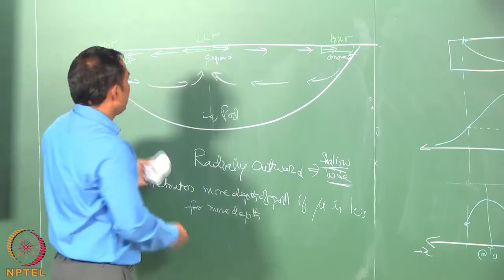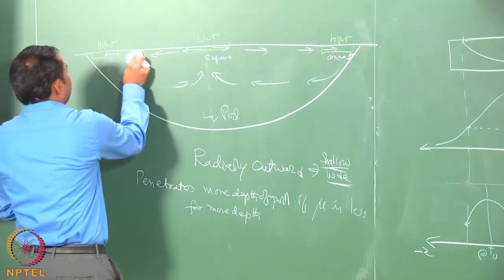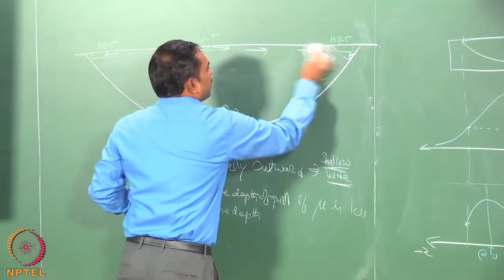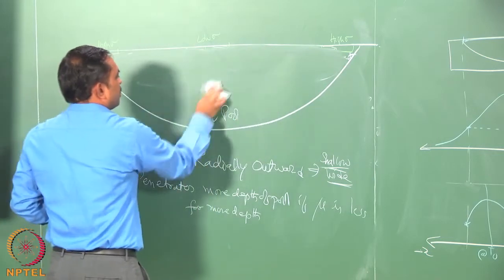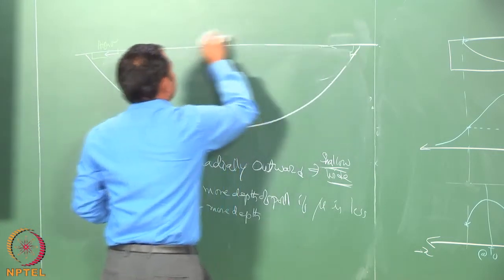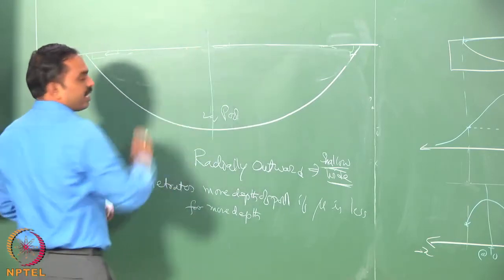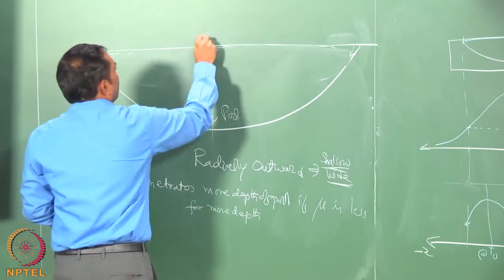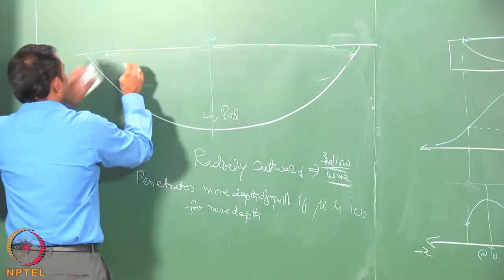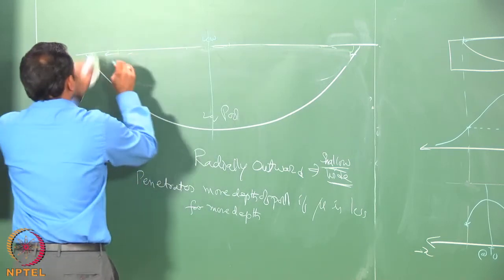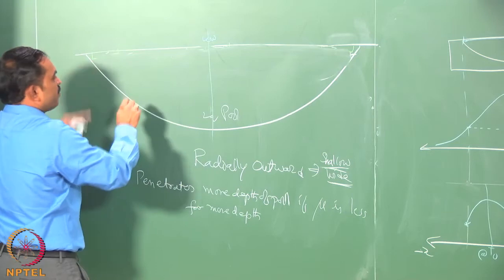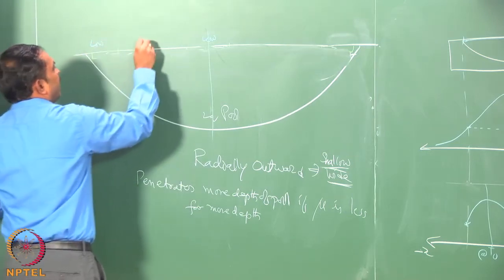For the same logic, it would change in the following manner. You see that at very high temperatures it is low, at very low temperatures again it is low, and here it is high.